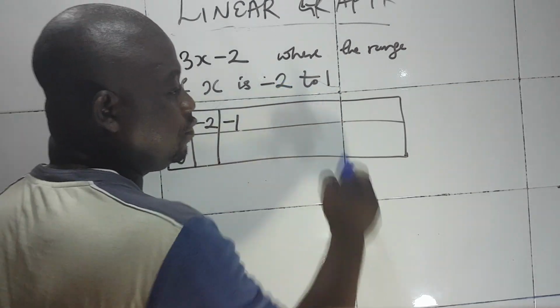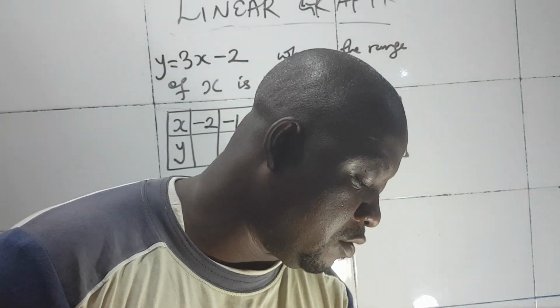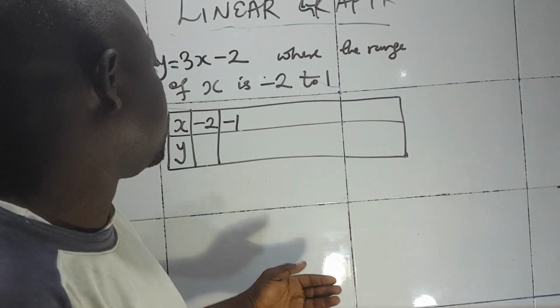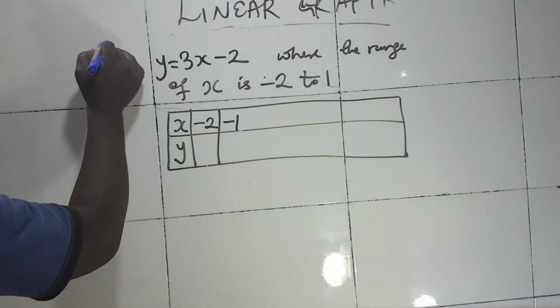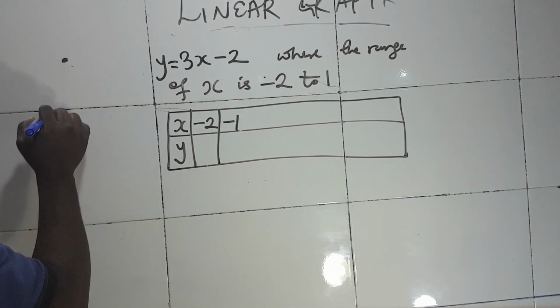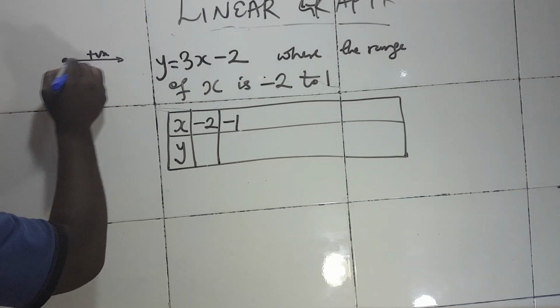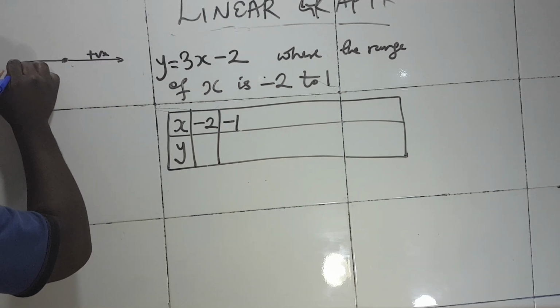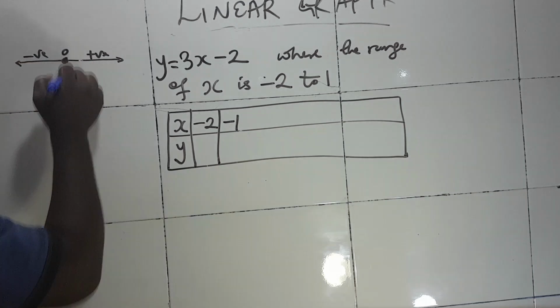If you remember when I was teaching us about number line, we talked about the positive integer and the negative integer. This is what we call the number line. This is the midpoint. To this side is positive. To this side is negative. And this point that I put dot is 0.